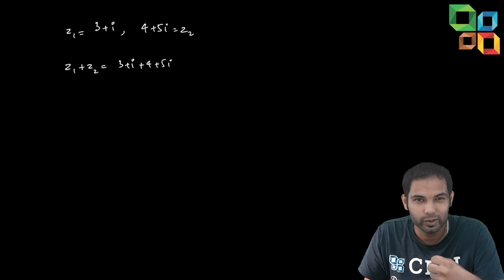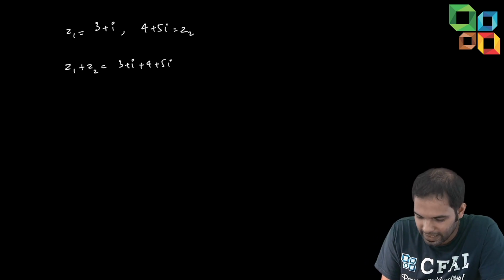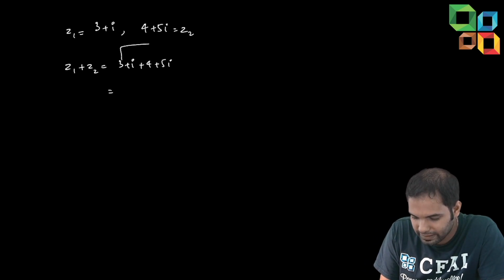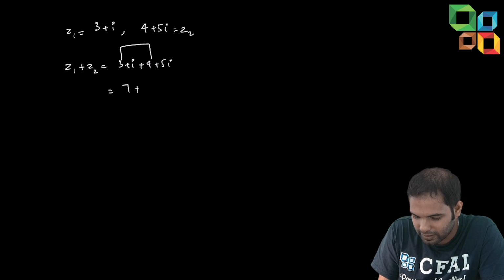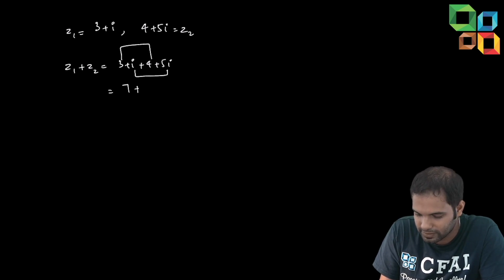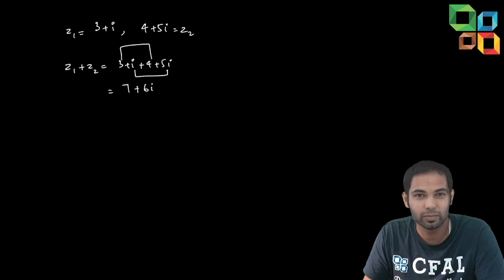No. Because I told you, a complex number is always represented in the form a plus ib. So I should be able to write this also in the form a plus ib. So combine the real part, the simplest way to think about. This is nothing but 7. Combine the imaginary part, i plus 5i, which is nothing but 6i. The sum of these two complex numbers is nothing but 7 plus 6i.